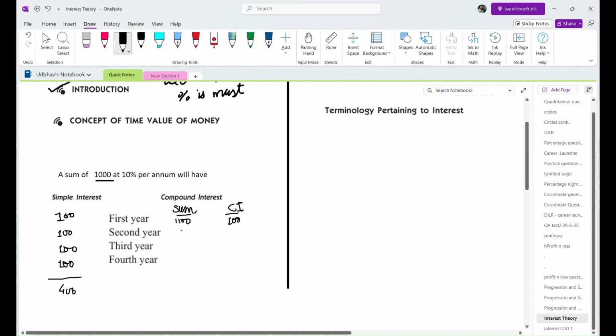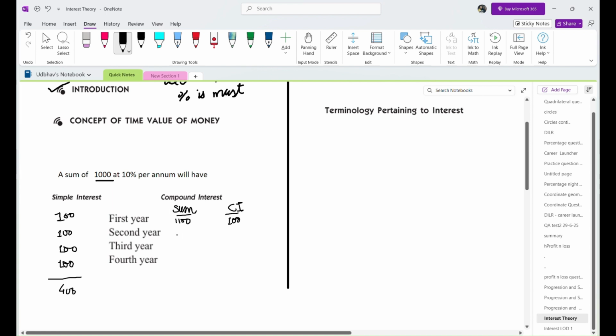Now for the second year, it will be 10% on this 1100 rupees. So on 1100, 10% will be 110 rupees, right? And that will be added to 1100 again.